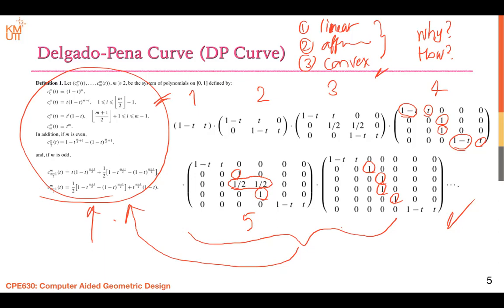It should be in the convex hull. Yes. If you can prove that the formula is a convex combination, then it can be proven that the curve is included in the convex hull.